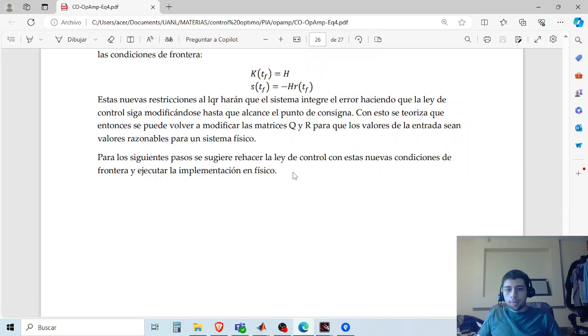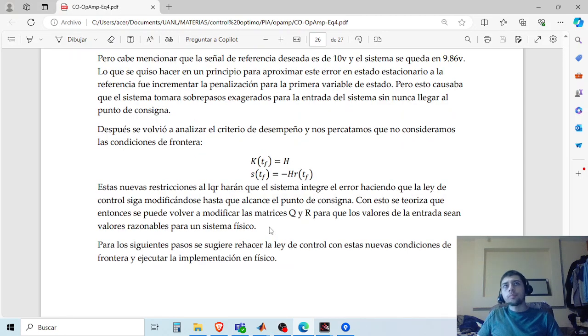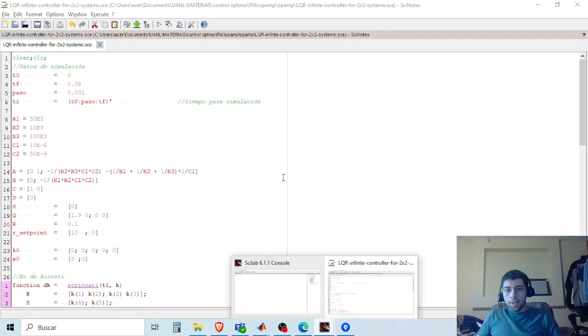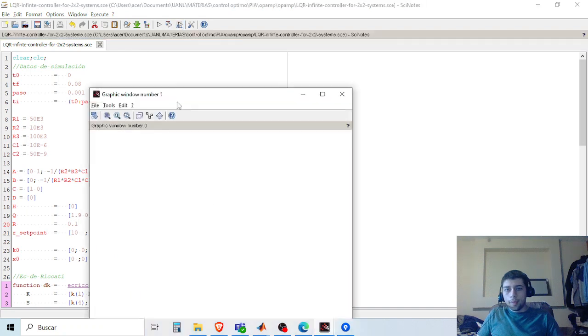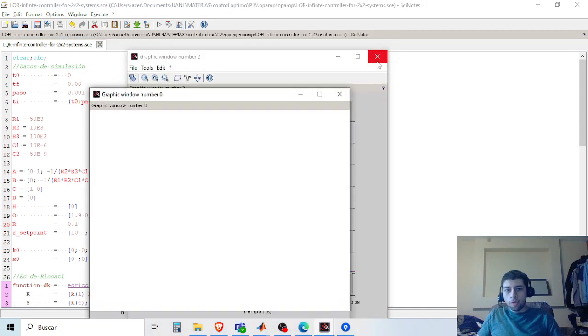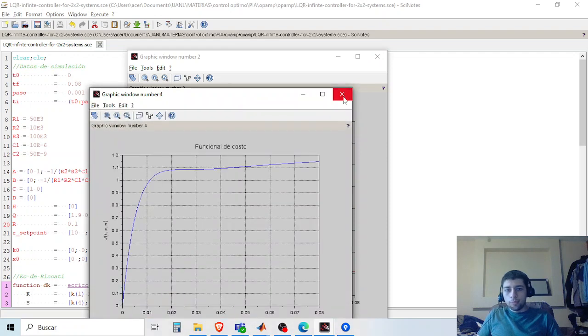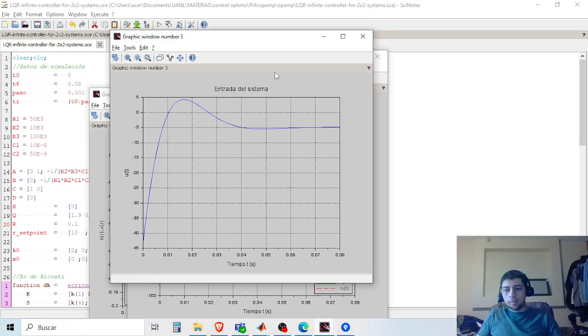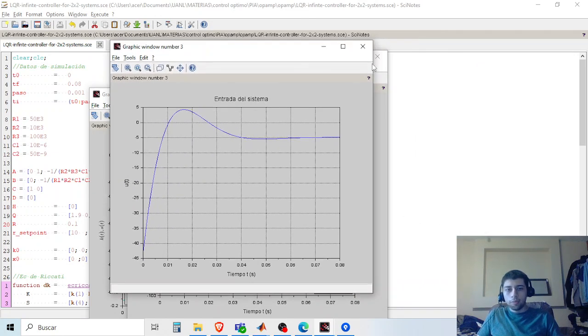So taking that in consideration, we can redesign the controller, and also what we can achieve is that the input value might be a realistic one, because as we remember, the input value reaches non-realistic values of minus 43 volts, which is non-ideal for controlling a 10 volts reference.